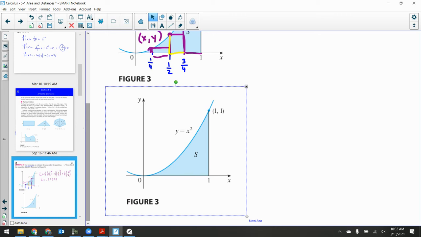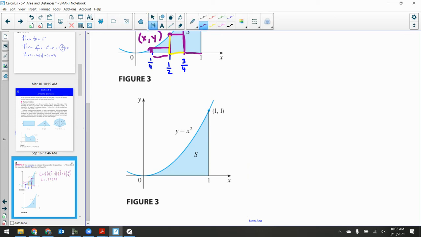The right side, not the correct side, but the right side approximation. That means I am going to cut this up into 4 pieces: 1/4, 1/2, 3/4. I'm going to do that same thing, but now instead of making it on the left side, I'm going to make it on the right side.